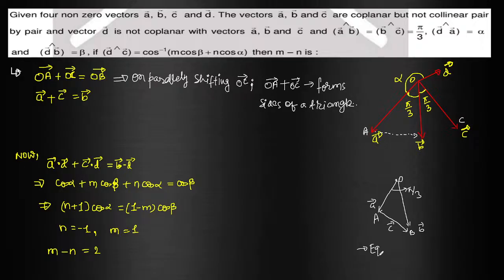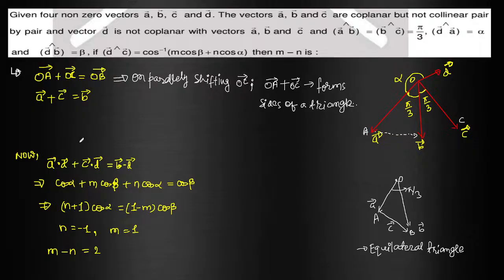This is going to be an equilateral triangle. So A vector plus C vector is B vector.